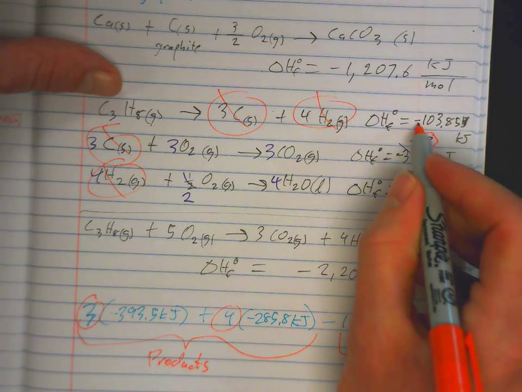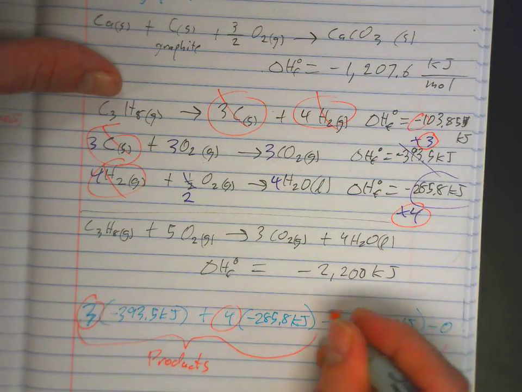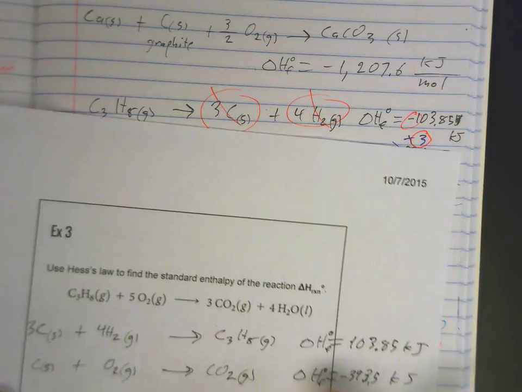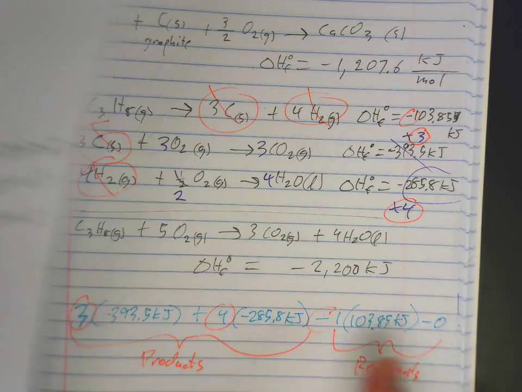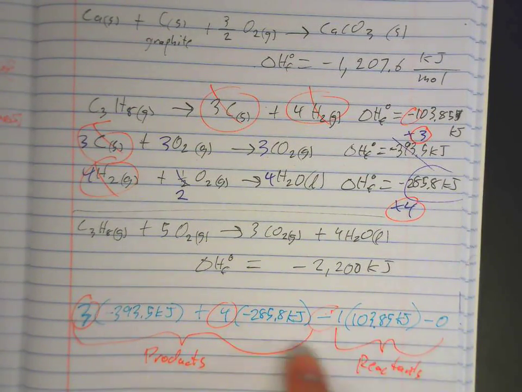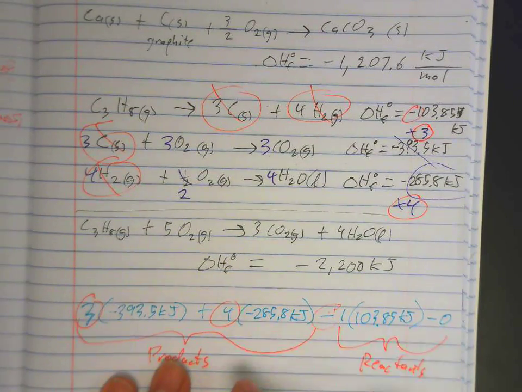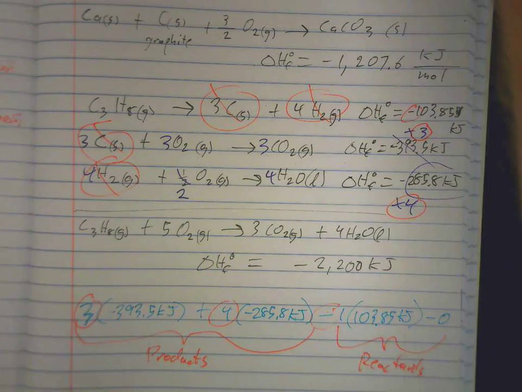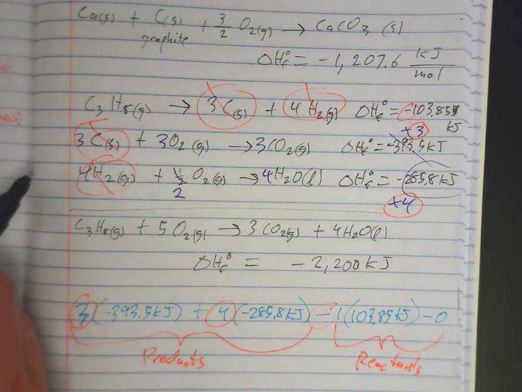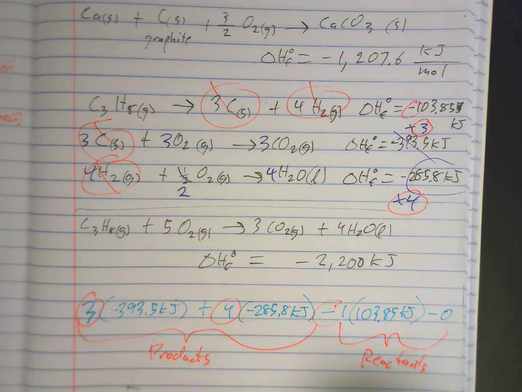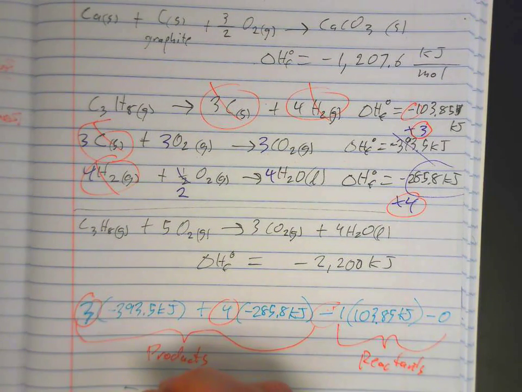And then the negative sign on this matches the subtraction sign. Since we flipped that reaction around, it becomes a negative in the equation. So a much simpler way to solve the problem, we simply plug it into this formula, and that comes out to the same answer.